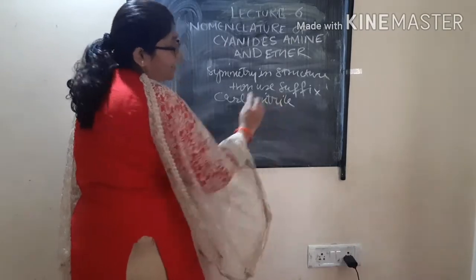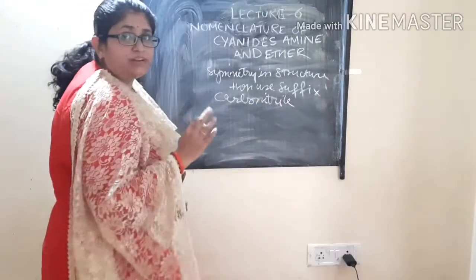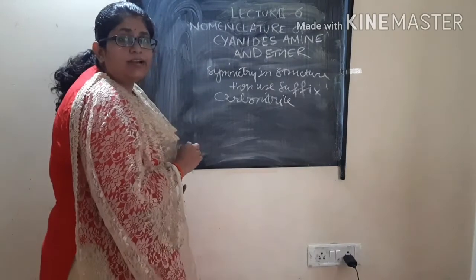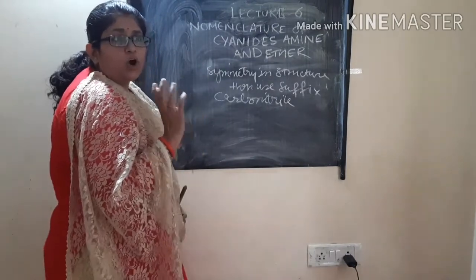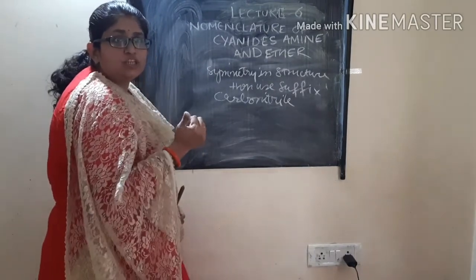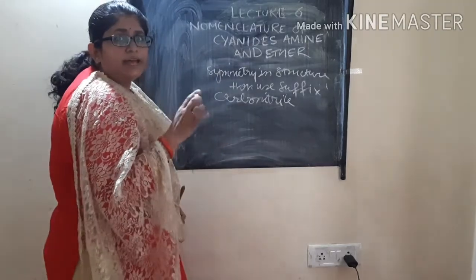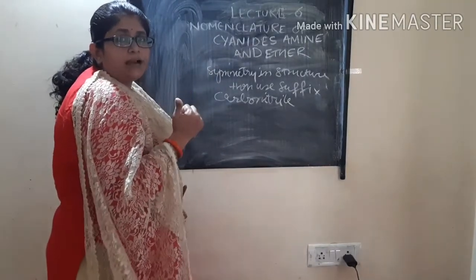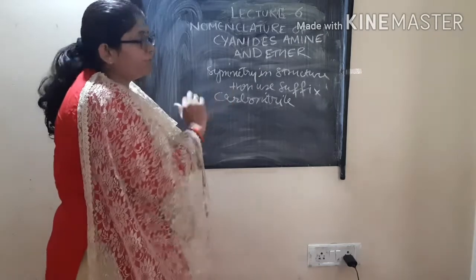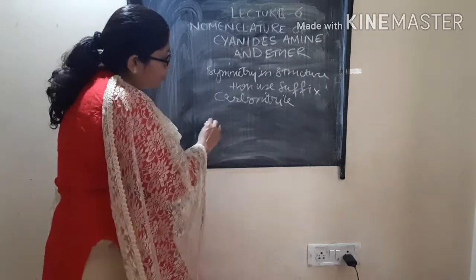Carbonitrile. Understood, students? So what is symmetry? You have studied this in aldehydes also, that if all the 3 carbon atoms have the same functional group, similar structures, then we use the suffix carbaldehyde there, and here we will be using carbonitrile.